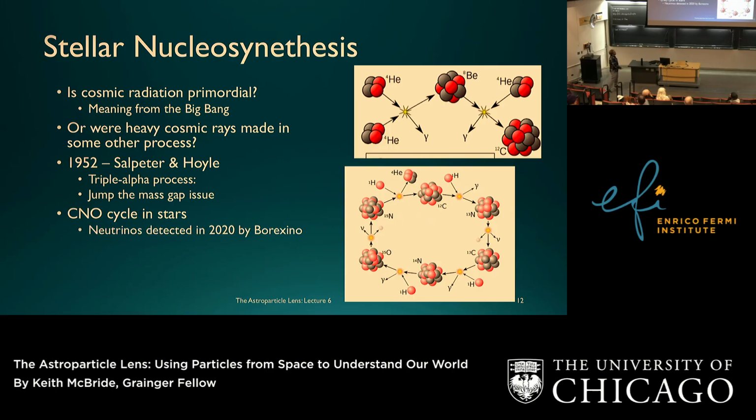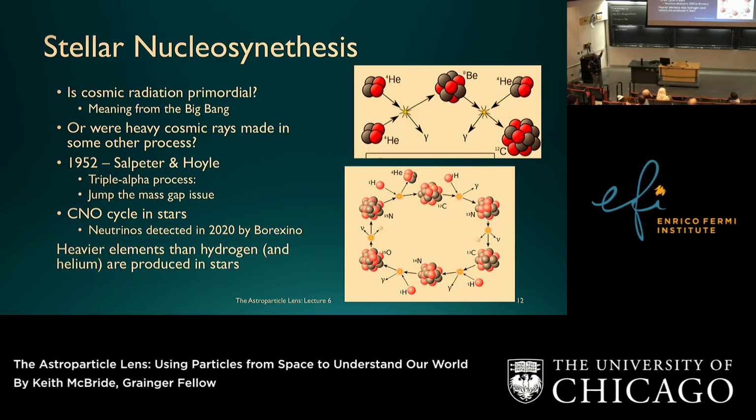So the CNO cycle is one of those other processes that's slightly more complicated because you have a bunch of nitrogen and protons fusing to make carbon, which hits another proton, which makes more nitrogen, but a different isotope. And so this kind of cycle is one of those things that was proposed. And finally, there was evidence in 2020 by Borexino, the instrument that detected the neutrinos coming from the CNO cycle in stars. So we know the CNO cycle is producing these kinds of elements as well.